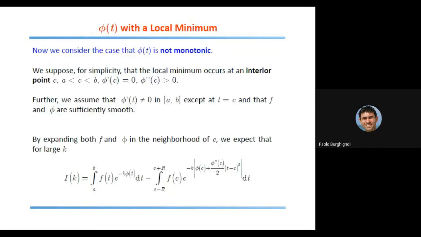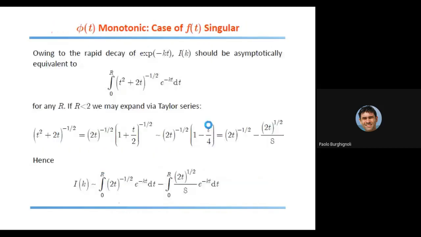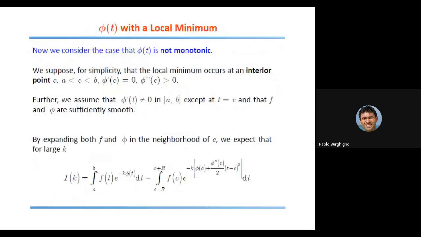Now we go to the other case, the case in which phi has instead a local minimum in some internal point. So again, in this slide, you can see we are in this situation. Now we have a simple local minimum here, and let's see what happens in this case.